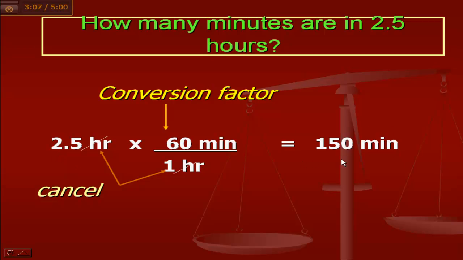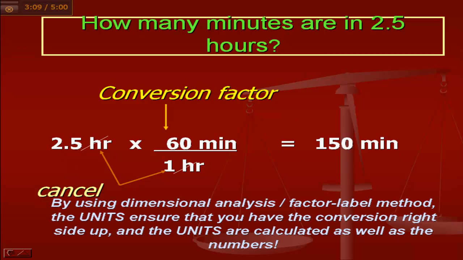So your answer here is equal to 150 minutes. So by using dimensional analysis or the factor label method, the units are going to ensure that you have the conversion right side up. The units are calculated just like the numbers. All right, so we treat these units the same way you guys treat ABCs or XYZs in algebra.